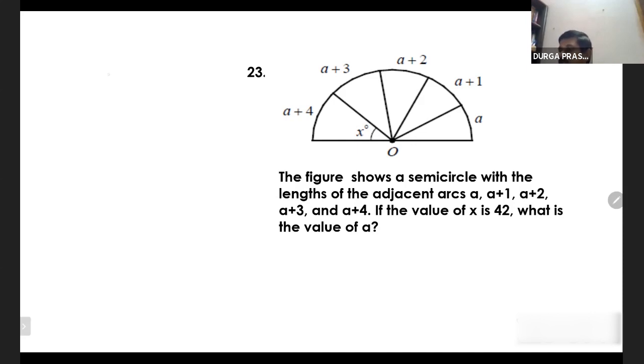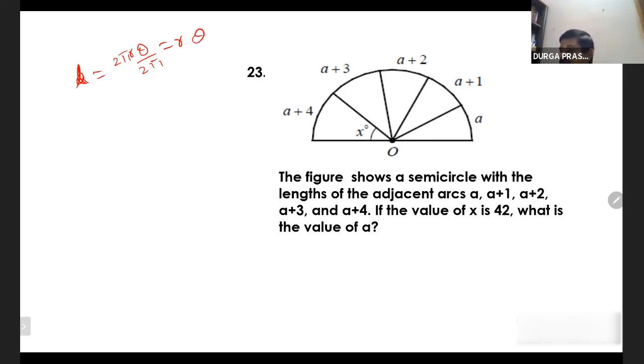See, the sum of all the angles is 180. Arc length, we say L, the formula: arc length L is 2 pi r into theta by 360, that is r theta.